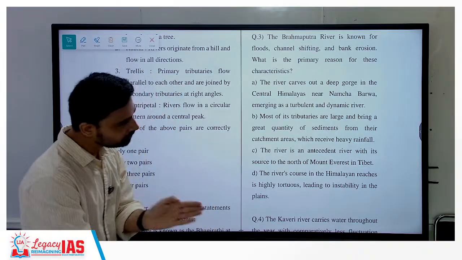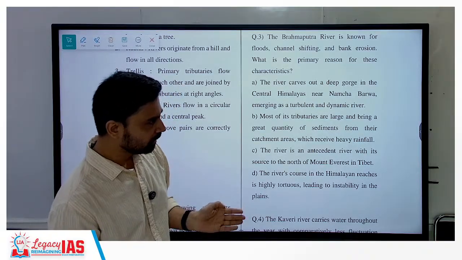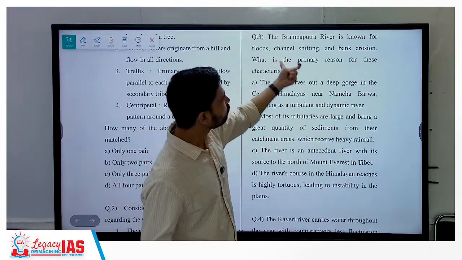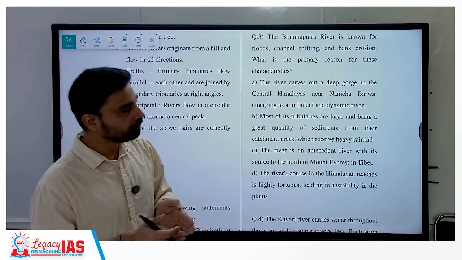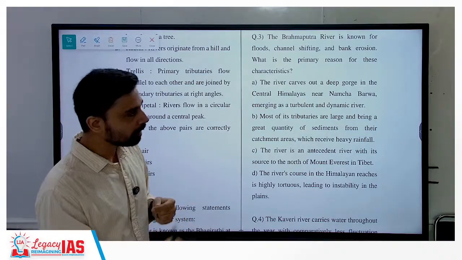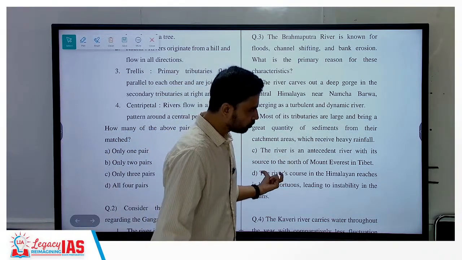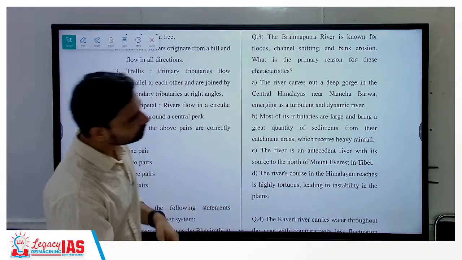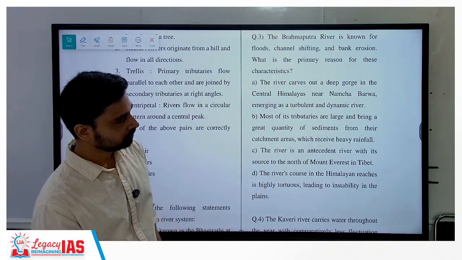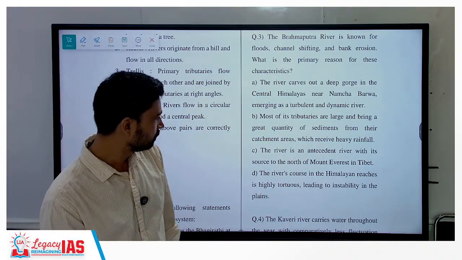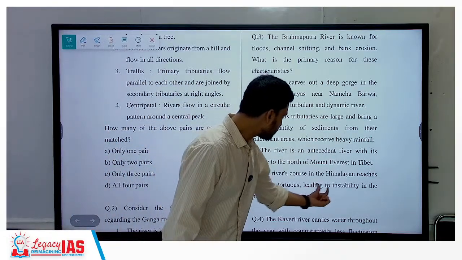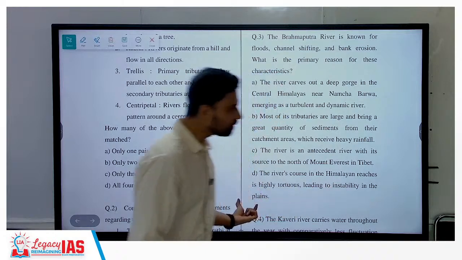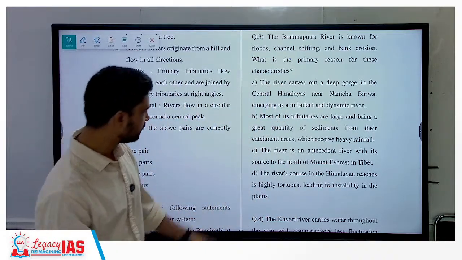Tortuous means it is moving in a curved path, and that has nothing to do with the floods or channel shifting. Channel shifting is due to sediment. The actual path of a river is due to its tortuous terrain, but due to the high speed with which it comes and the very long distance it travels, it has high sediment. Option D, leading to instability in the plains, does not make any sense here.